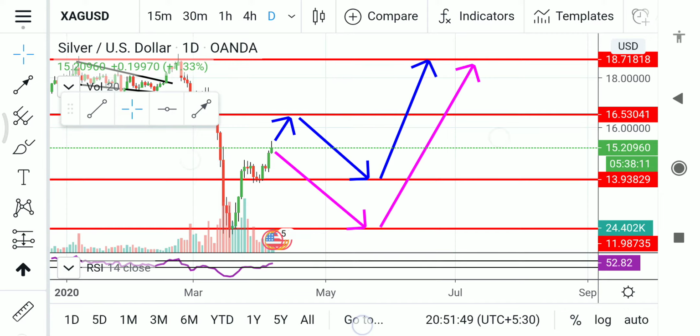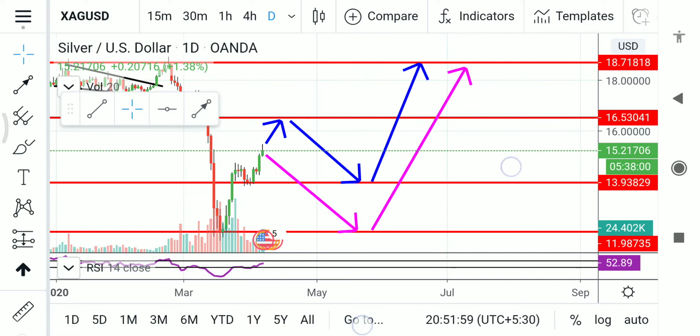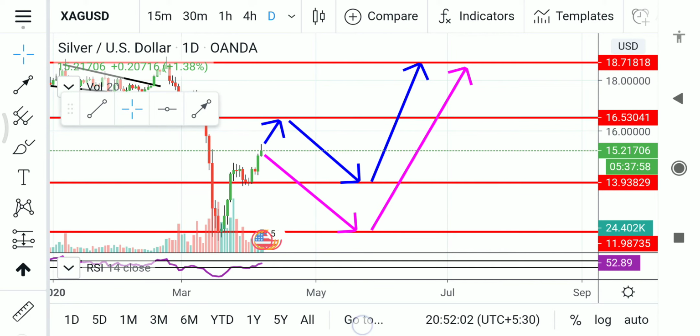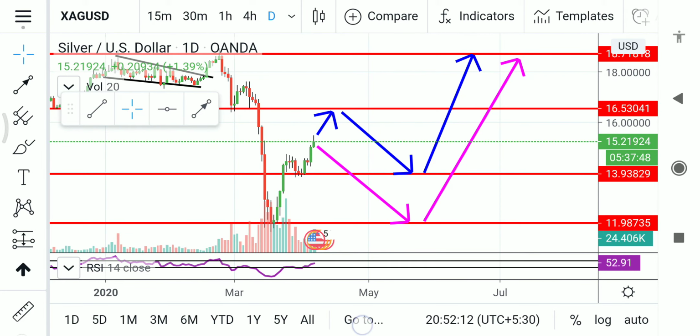It will be better if you trade far month contracts, because we are able to manage our trade by averaging. If you have taken a trade maybe around 14, what will be your targets? The targets will be the same resistance zones, 16.5 and 18. Try to trade in futures.